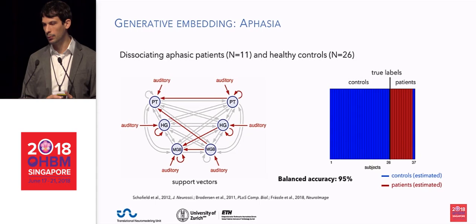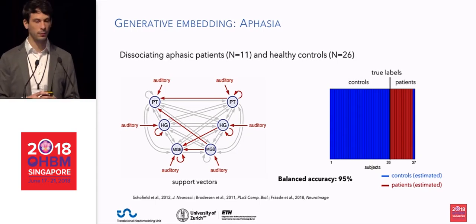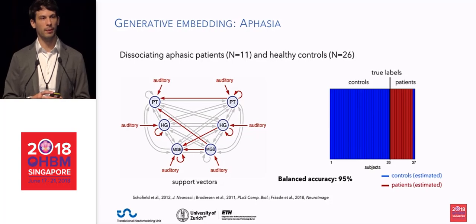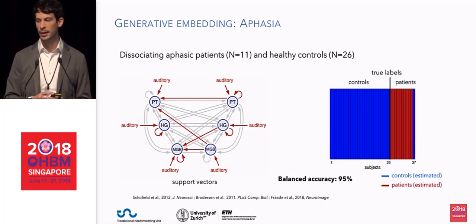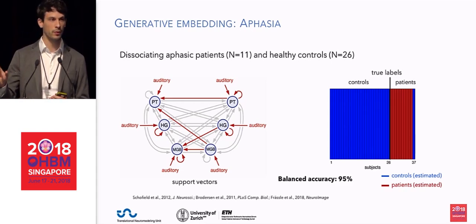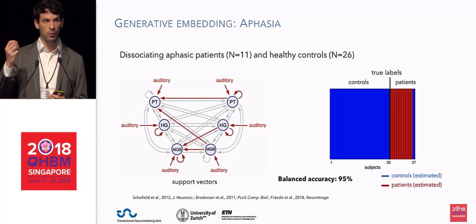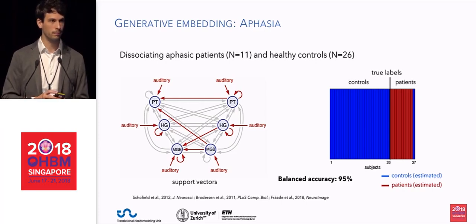In particular, we could show that using the sparse effective connectivity patterns that we obtain from regression DCM in a small 6-region network model of the visual system, we could distinguish almost perfectly between aphasic patients that had a stroke outside of that network and healthy controls.